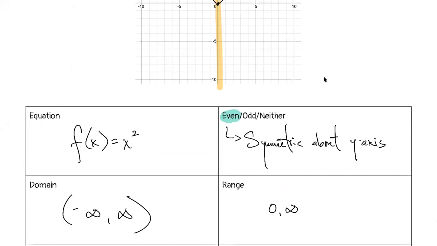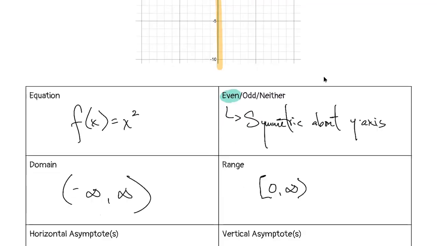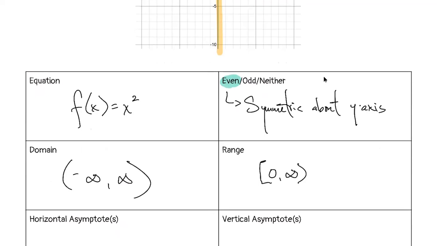Good. Now we can never get to infinity, which is why we use the parentheses. So if you're looking at positive or negative infinity, you should always have a parentheses. But since you include 0, we use a bracket. And this bracket says that we include 0 in the range.